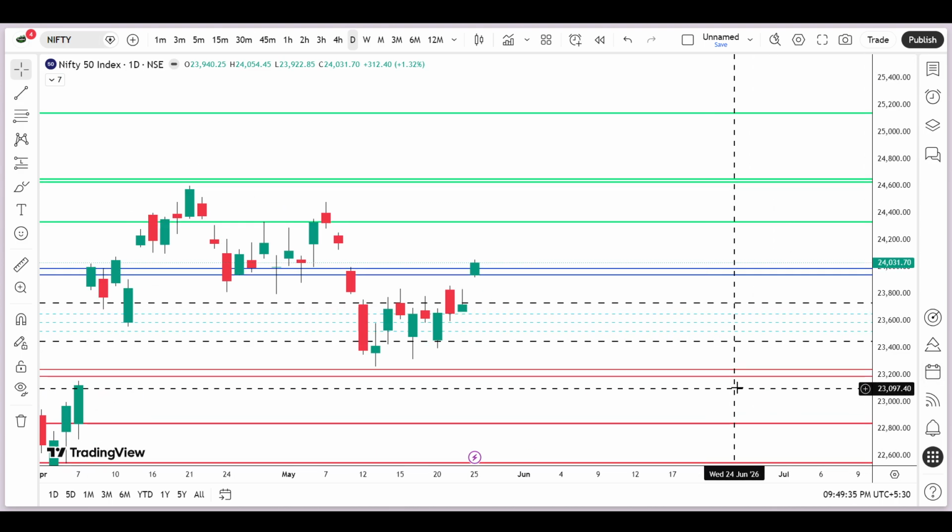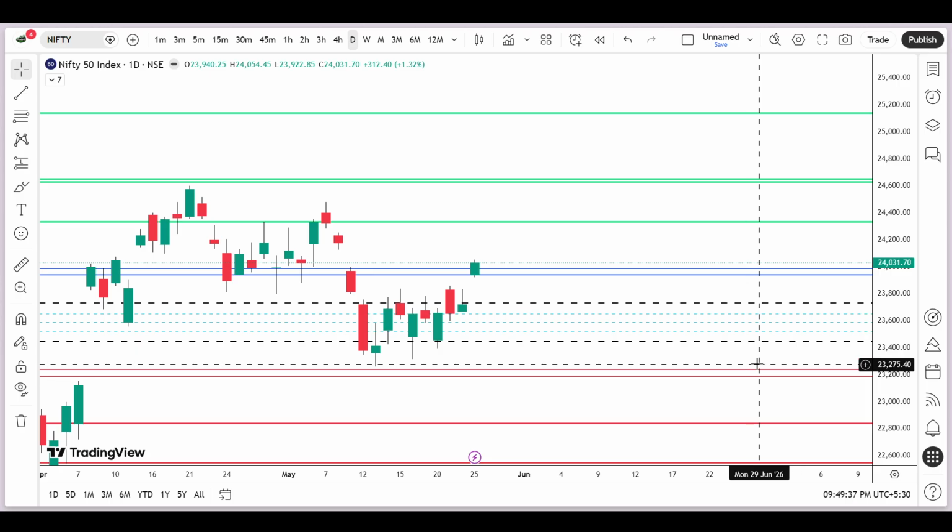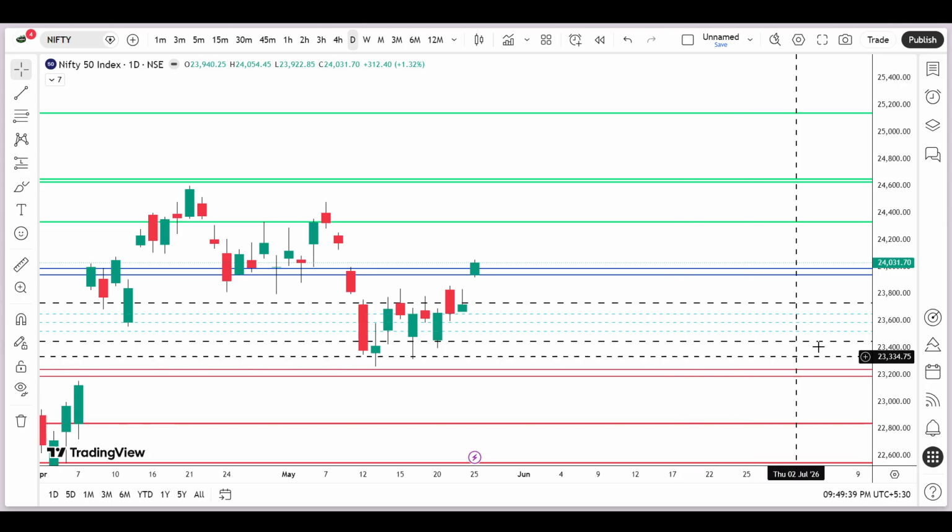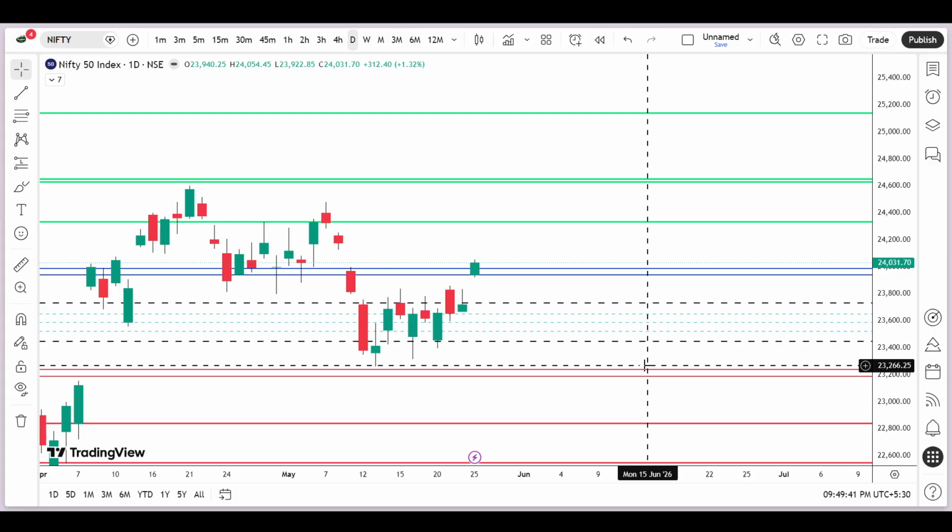Generally, we will mark high and low on the 30 minutes time frame, and based on that we will take the trade. Generally we used to trade that way only.